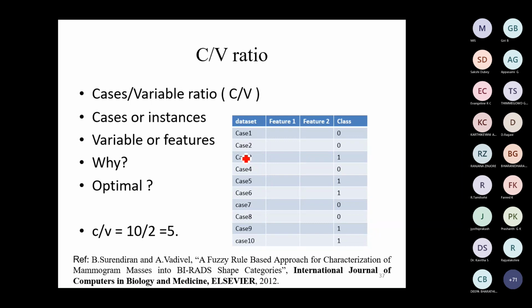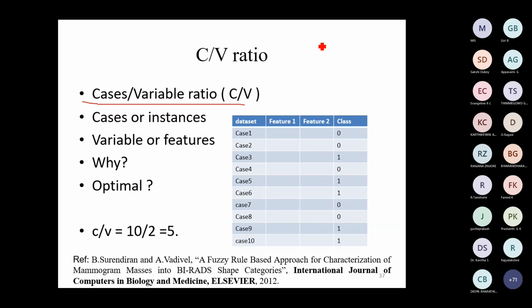Recently, when we did research, we found a new evaluation metric that can give a better comparison with the existing methods. That's called the cases to variable ratio.